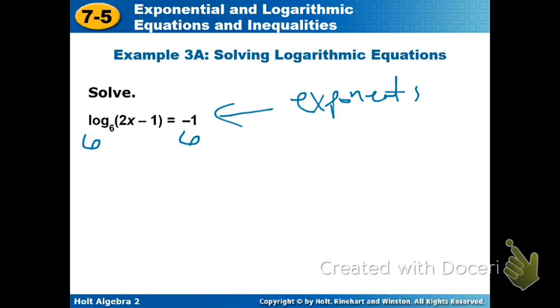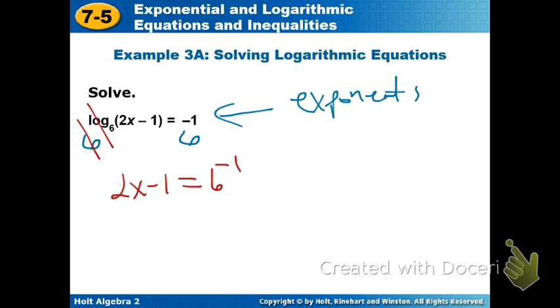If I have a base 6 and a log base 6, your inverse property tells you that they cancel each other out, so they are gone. What we are left with on this side is just the 2x minus 1. Over here, we are left with 6 to the negative 1 power.